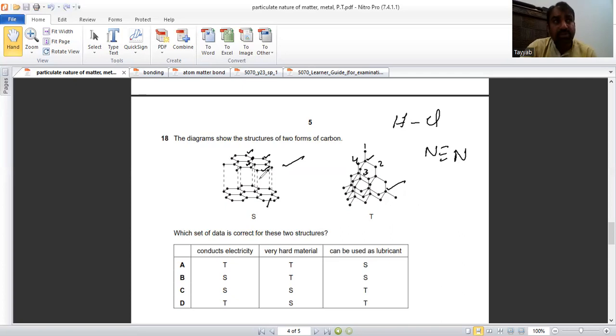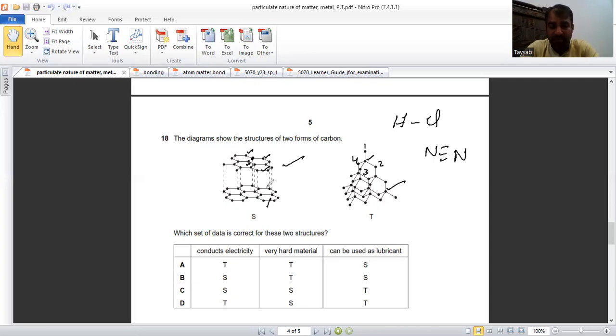There is a common mistake: students are used to saying these are weak covalent bonds. No, all bonds are very strong. Ionic bond, covalent bond, these are very strong. The forces are weak: intermolecular forces are weak, bonds are not weak. So why do giant macromolecular structures have very high melting point? There is a need to break strong covalent bonds.